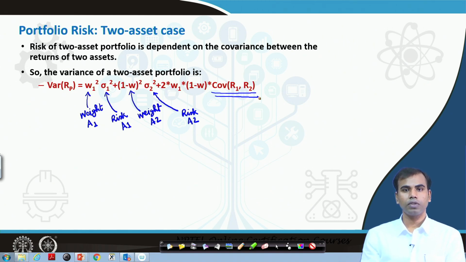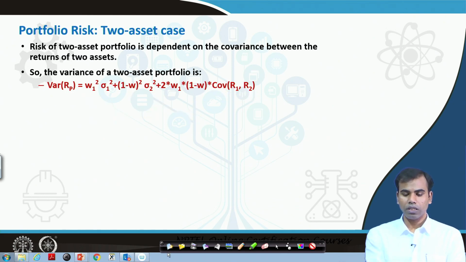If it is going up, then we can say that this is positively correlated because both are moving in the same direction. If it is going down, which is the opposite direction of the return of stock, then we can say that this is negatively correlated because it is going in the opposite direction. So, the relationship between assets that we have in our portfolio determines how they are correlated and whether the total risk of the portfolio can be reduced or increased.